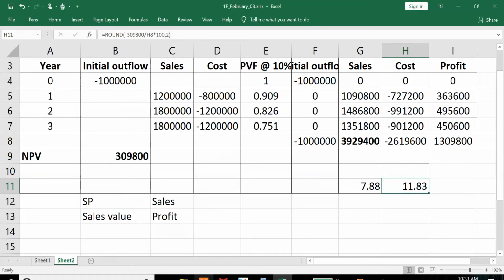Now break even cost price is 40 rupees plus this number: 40 rupees plus 11.83%. I'll break even if the cost goes up by 11.83%. Anything beyond that, rejection. 40 plus 11.83%.